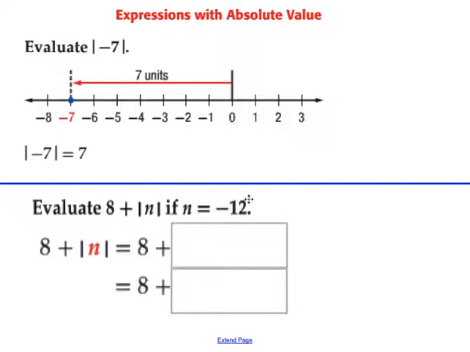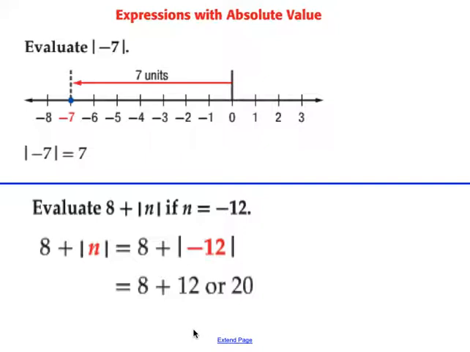Well, we're going to substitute in this -12 for n. So when we plug that in, 8 plus the absolute value of -12. Well, what is the absolute value of -12? Well, we said before, whether it's positive or negative, it comes out of the absolute value as positive, so that would be 8 plus +12, which is equal to 20.